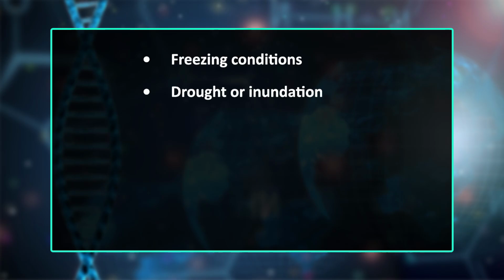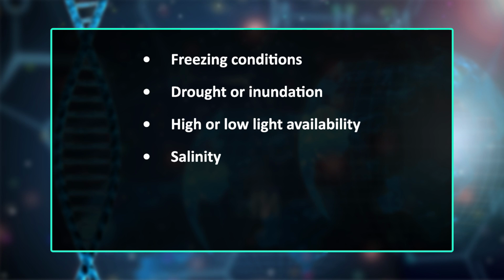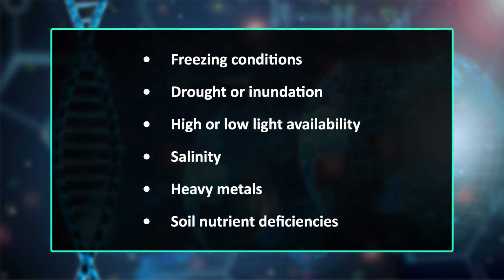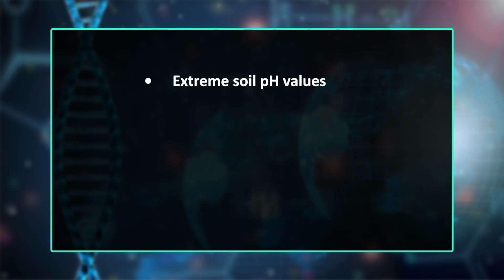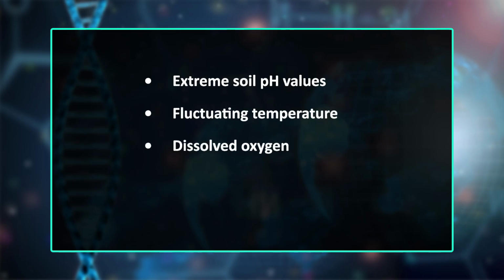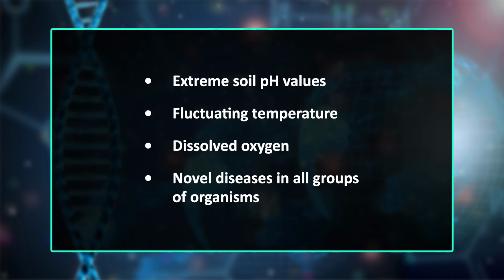These traits are important from the standpoint of resistance and resilience, the ability of the population to tolerate freezing conditions, drought or inundation, high or low light availability, salinity, heavy metals, soil nutrient deficiencies, extreme soil pH values, fluctuating temperature, dissolved oxygen, and novel diseases in all groups of organisms.